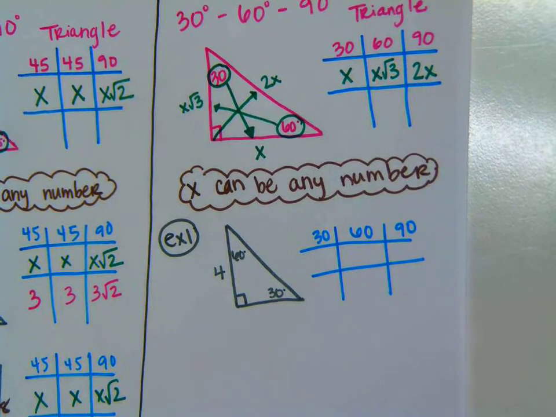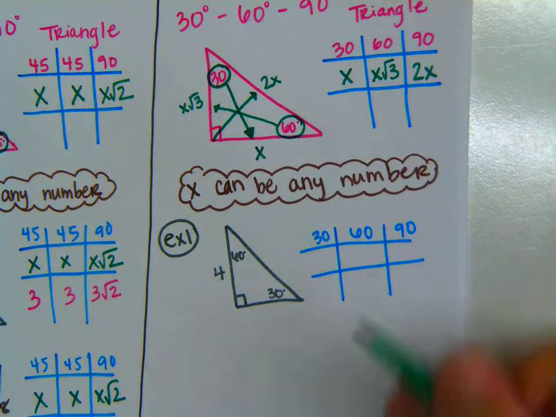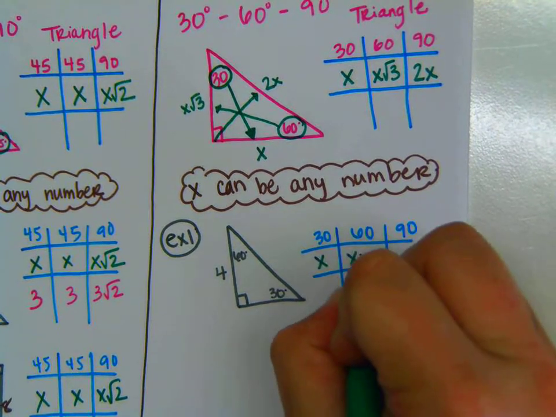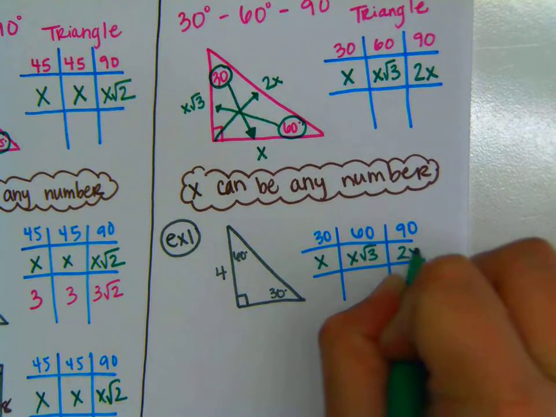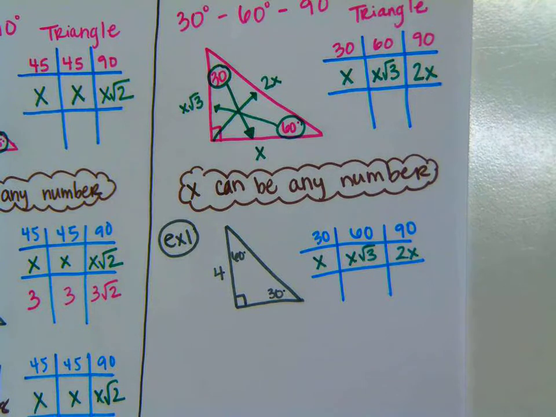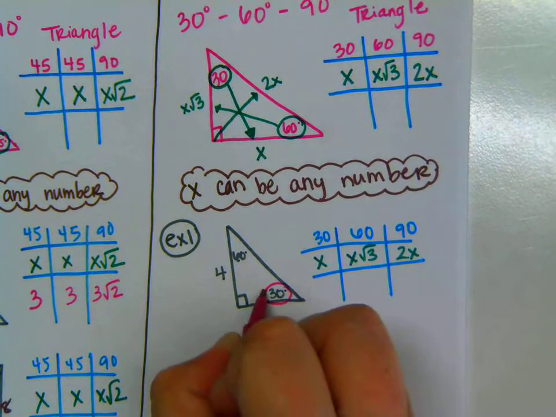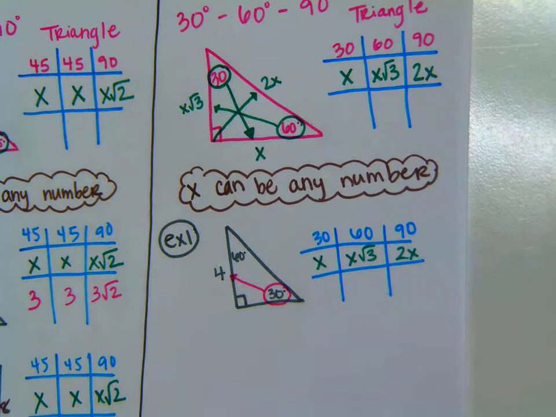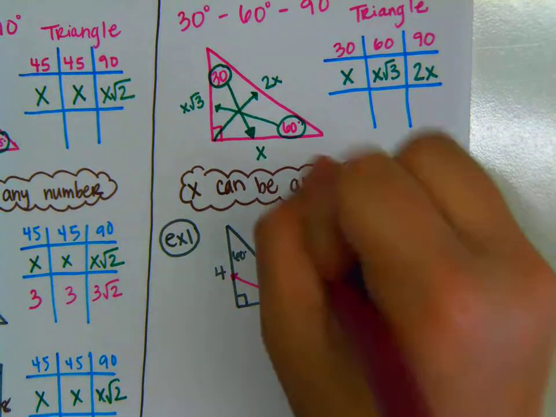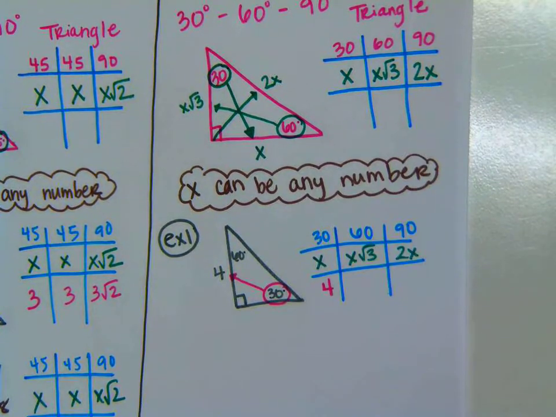So our top two rows stay the same, 30, 60, 90. X, x root 3, 2x. And then we know across from that 30 is 4. So if I know that, where do I put 4? Underneath the x. That's 4 right there.